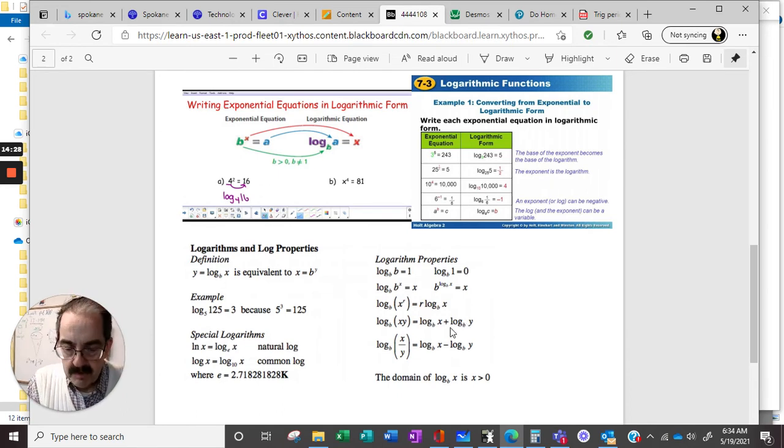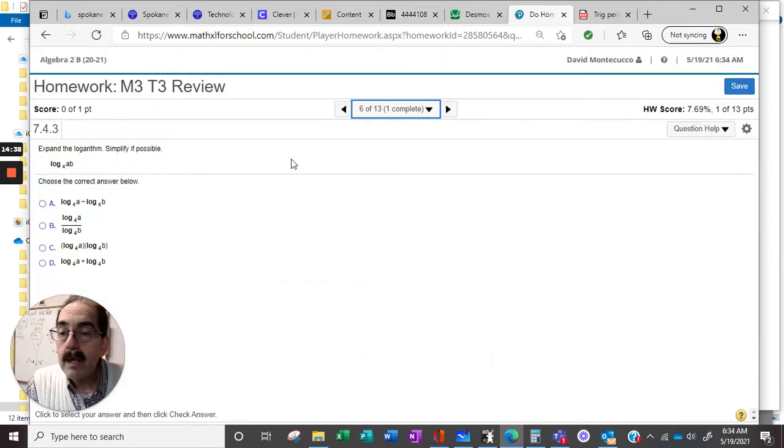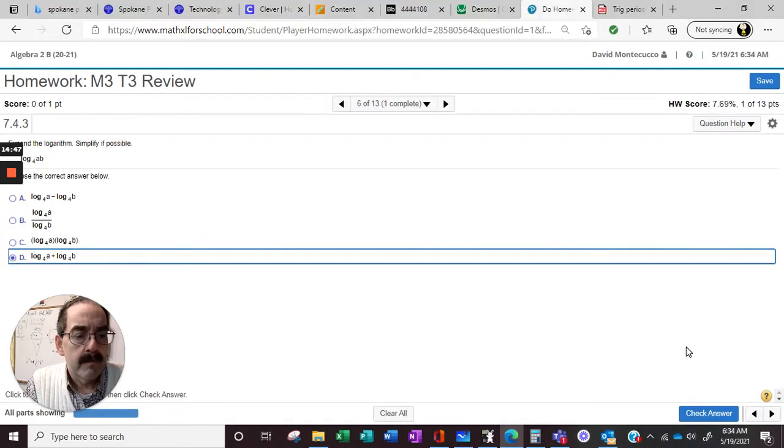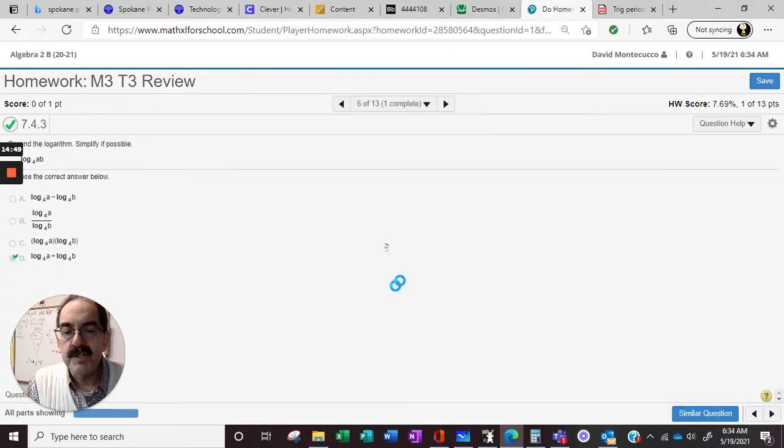You can Google these proofs. But the idea is exponents: when you're multiplying the same base, you add the exponents. So log a plus log b. Boom. Those are just the identities.